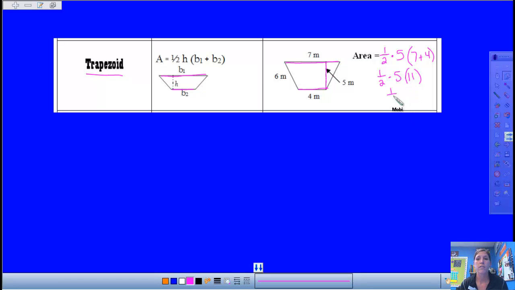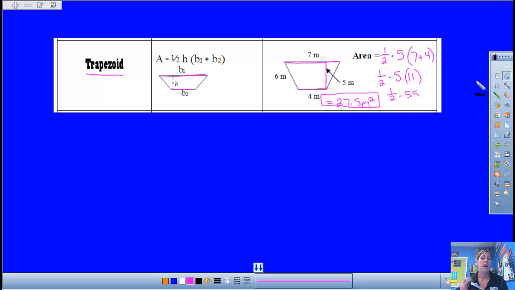And now you could do 1/2 times 55, or you could take 1/2 times 5 first. It's up to you. If we take 1/2 of 55, or you're dividing 55 by 2, you would get 27.5 meters squared. So that would be your answer.